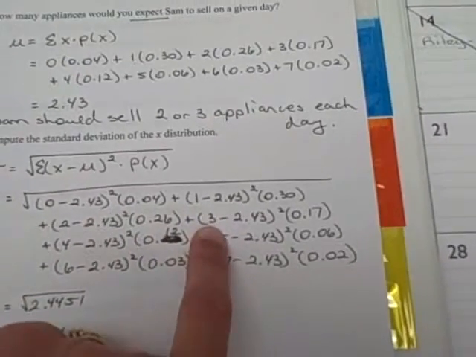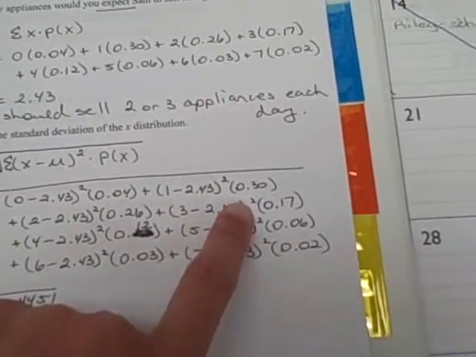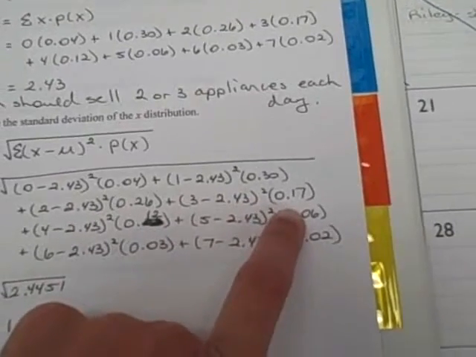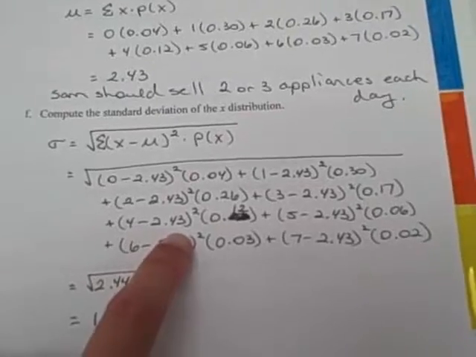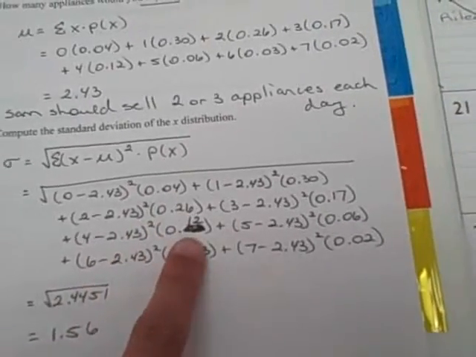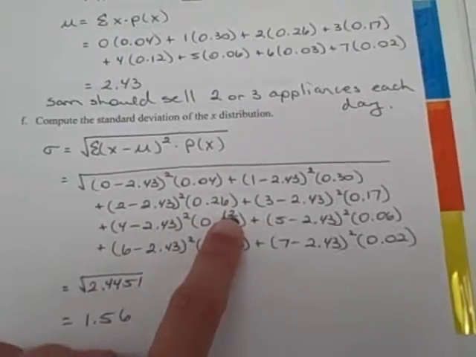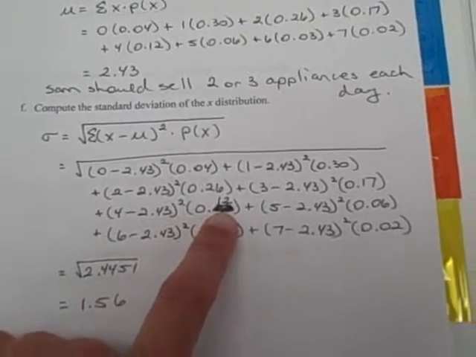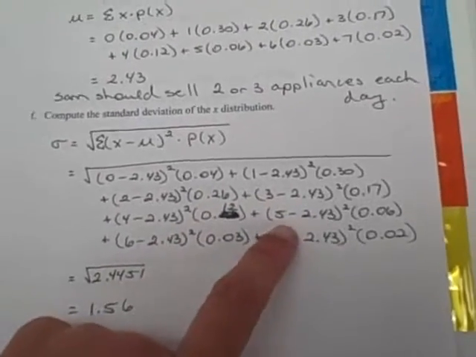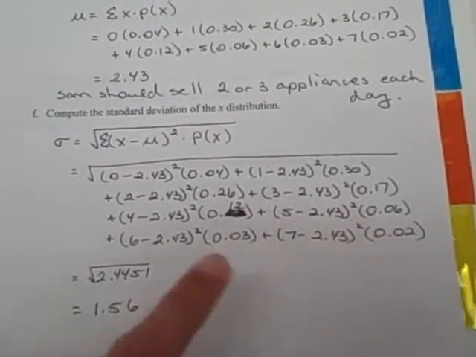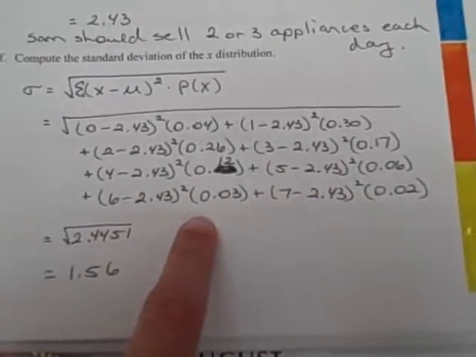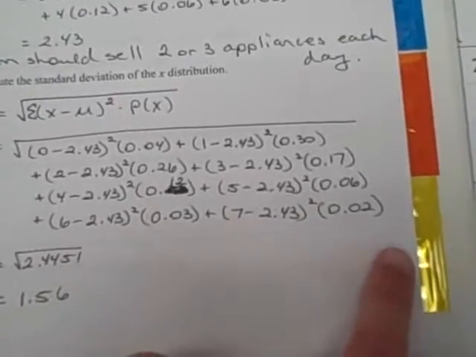Plus, then we do the same thing with the 3. 3 minus 2.43, square that times 0.17. Plus, and then we do it for the 4. 4 minus 2.43 squared, multiply that by the probability of 4 appliances, so times 0.12. Then for 5, 5 minus 2.43, square that times 0.06. And then we do it again for the 6. We do it again for the 7.